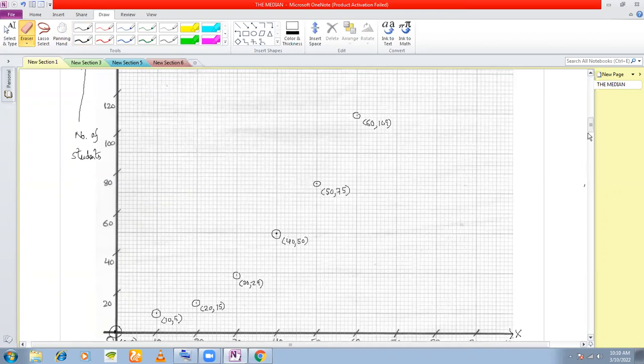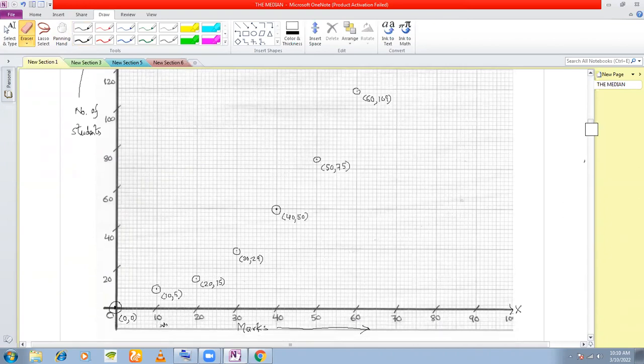Now the question is, even if you are joining with the help of freehand, what is the technique of joining these? See, when you are joining these points, first you need to just wave your hand just above each of the points, so that you get an idea of the points. Now what I need to do is, continuously without any break, I put my pencil on the origin and I join these points.